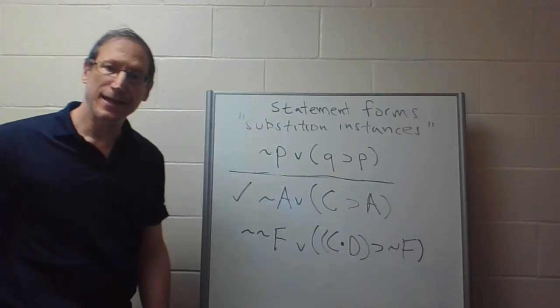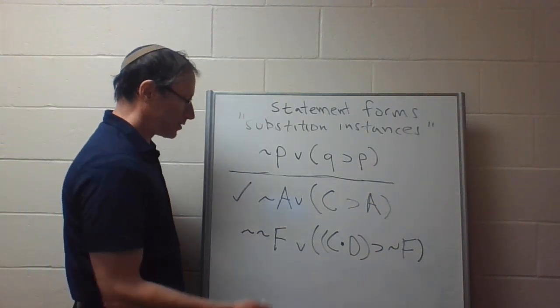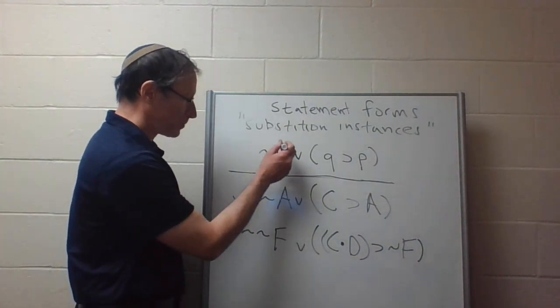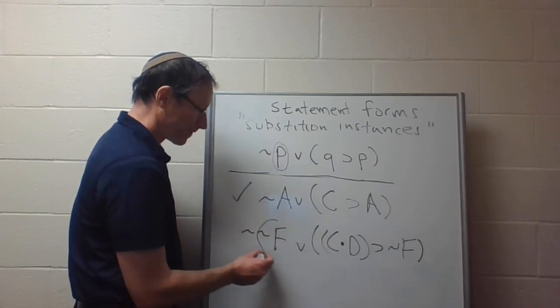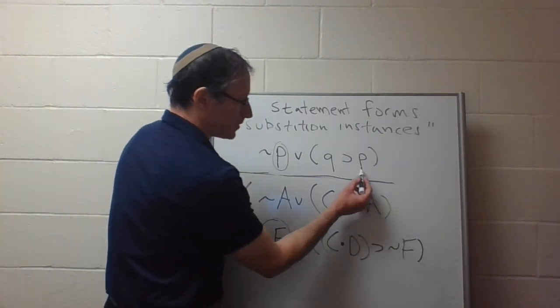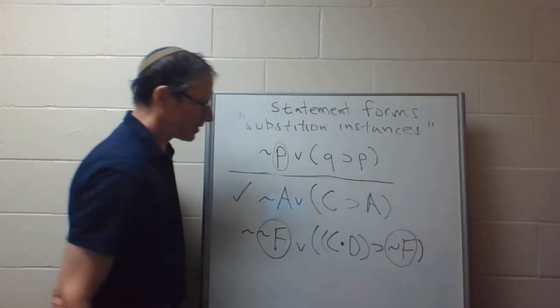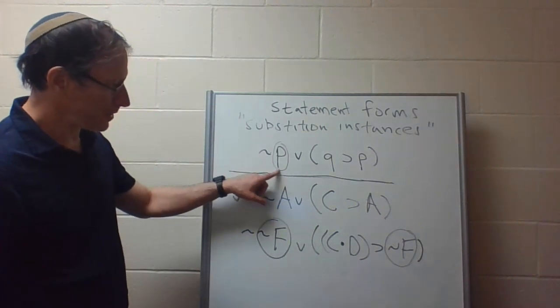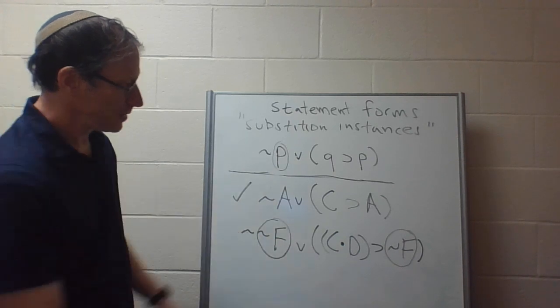The answer is yes, it is a good substitution instance, because look what I'm doing here. I'm letting P stand for not F, and P over here, not F. Beautiful. So I have not P, not F, wedge is the same.